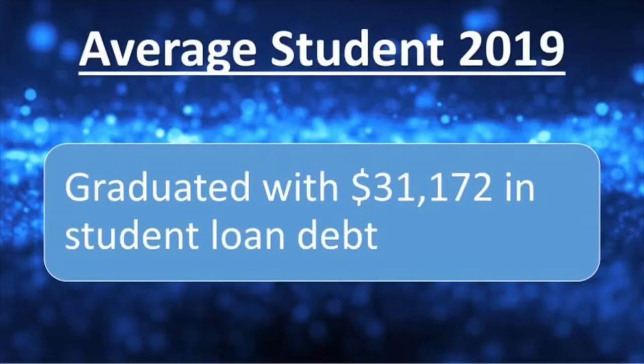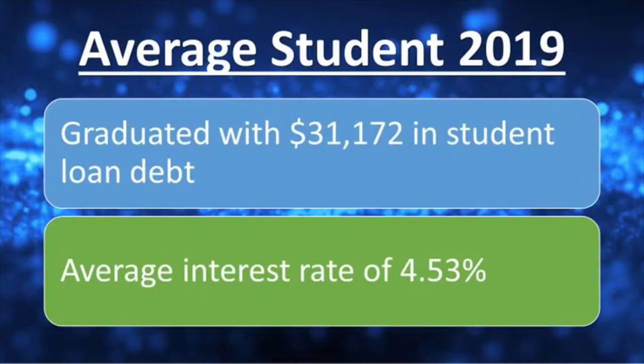So let's take a look at an example here. So currently in 2019, the average student graduated with $31,172 in student loan debt at an average interest rate of 4.53%, and that's being nice, assuming the federal loan limit.